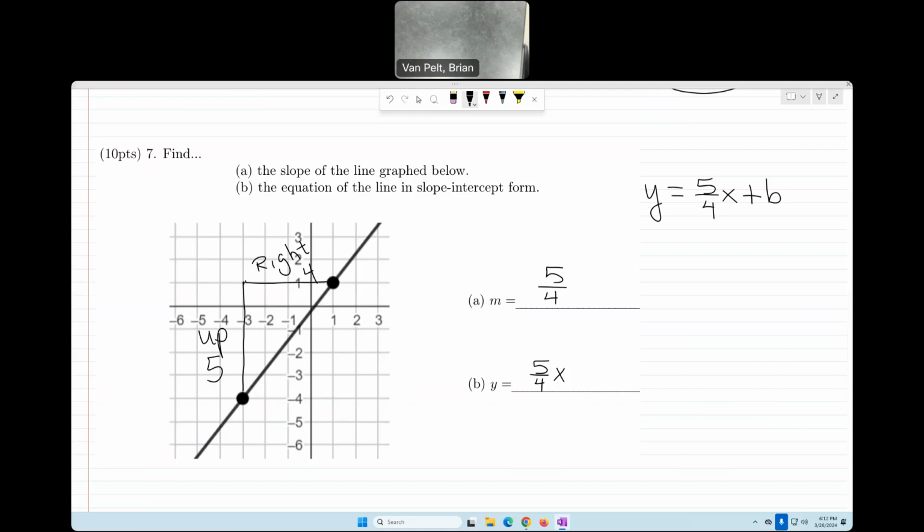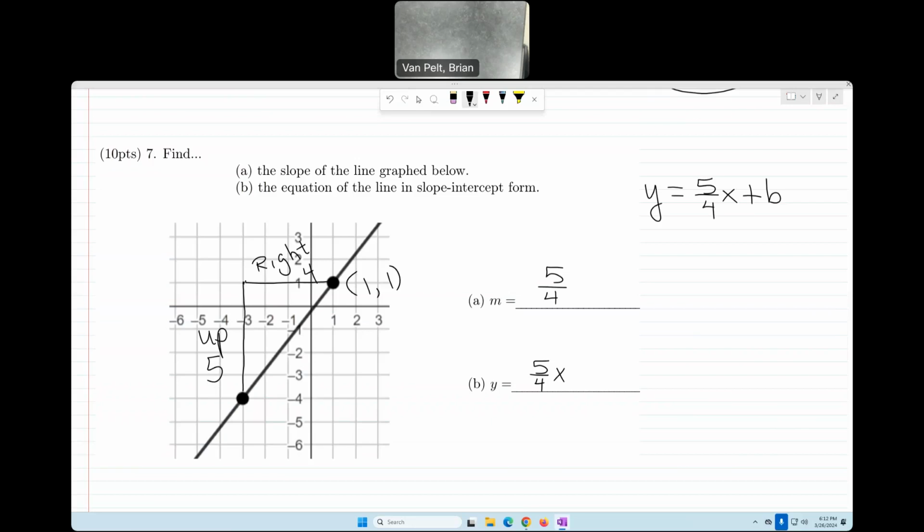Or what we just did in the last problem. Remember, I plugged in the point. You have 2 points available to you. Which one's easier? I don't know. This is 1, 1. I'll use 1, 1 on that. You can use that one, you get the same answer either way.